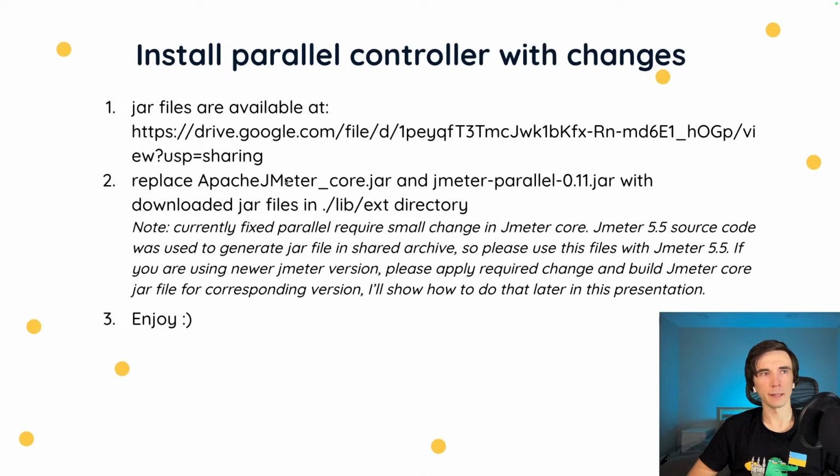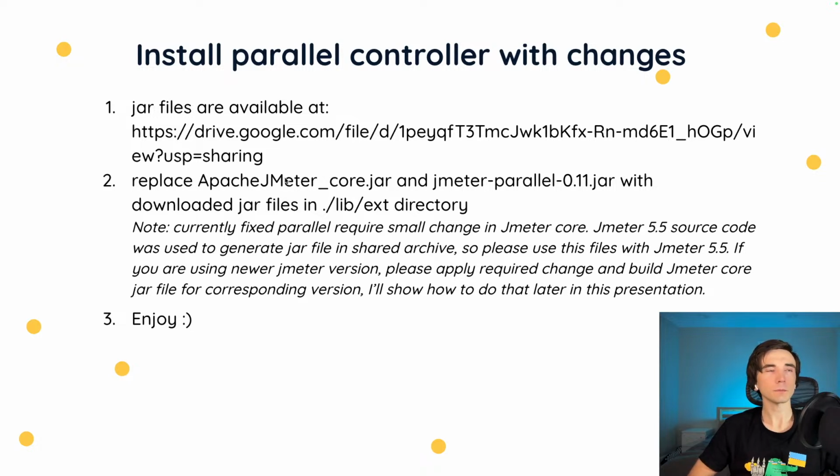But one disclaimer here. If you're trying to use it on your version, something may break. I mean that the parallel controller itself might not work with the newer version.